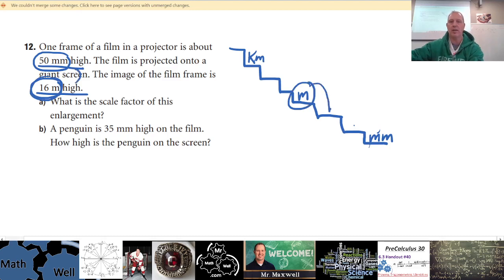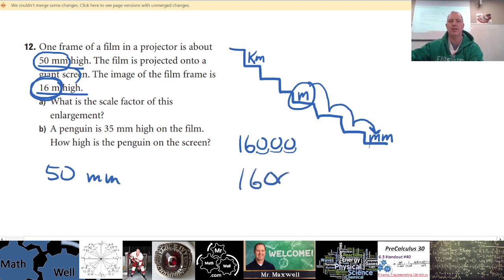I have to go down 1, 2, 3 steps. So that means I have to multiply by 10 3 times, or take 16 and move the decimal place over 1, 2, 3 times. So the two numbers we're actually dealing with here are 50 millimeters and 16,000 millimeters.